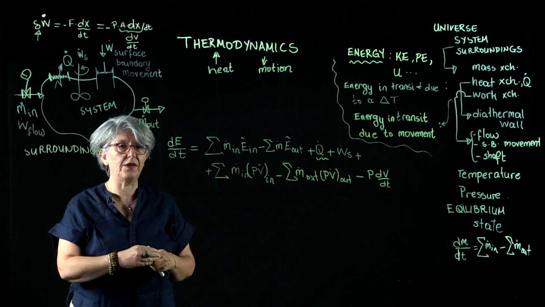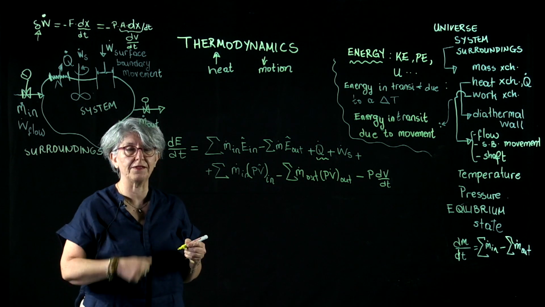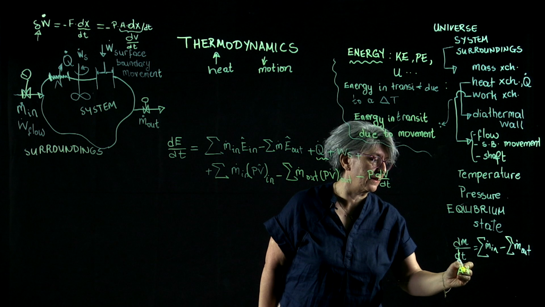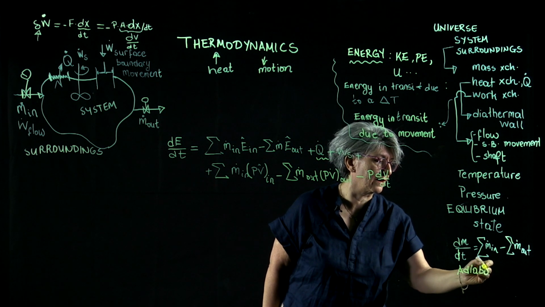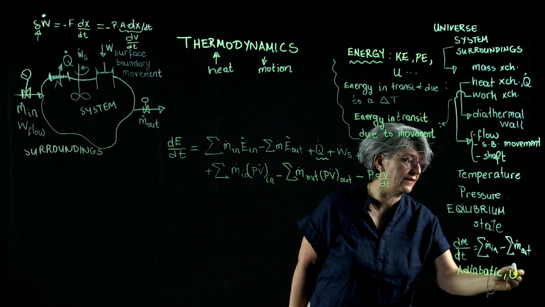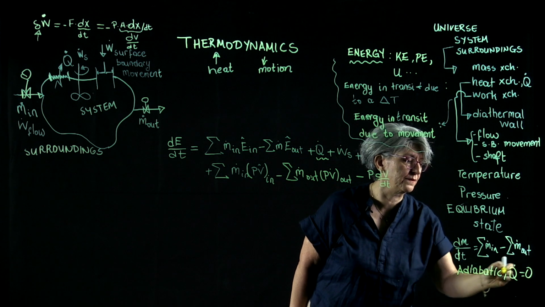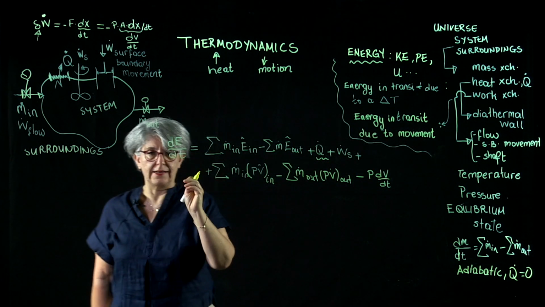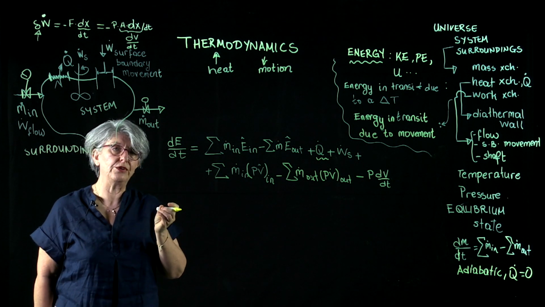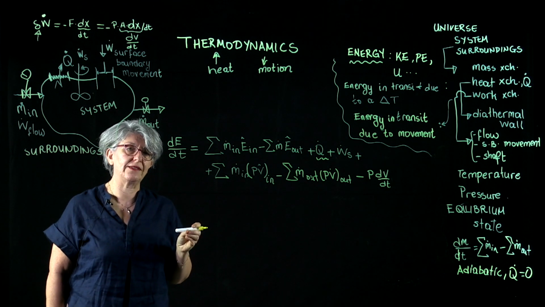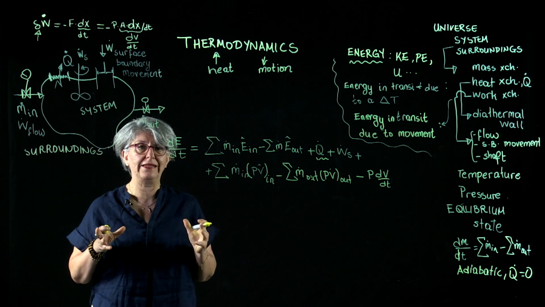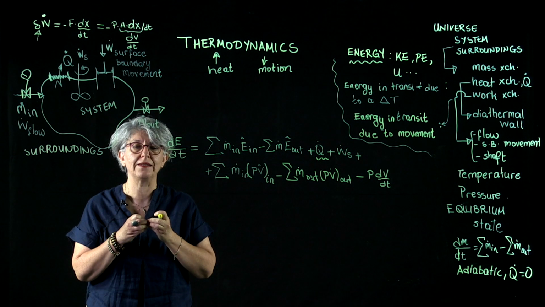Now let's build on our vocabulary. We have defined the term adiabatic, which referred to a system where heat exchange is not permitted. We are going to also define terms that will allow us to understand and communicate certain facts about how our system and its environment are related to one another.